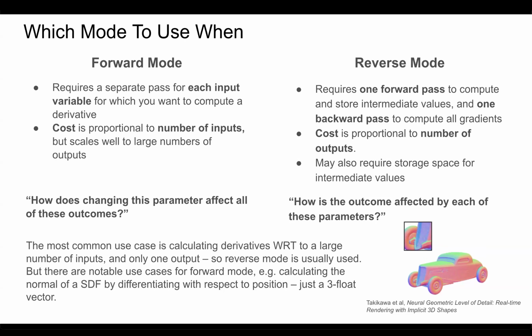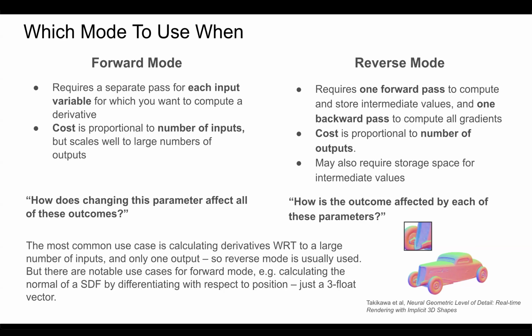Reverse mode, on the other hand, does a single forward pass to record all of the intermediate values, so it knows what those derivatives are in the middle, and then a backward pass to compute all of the gradients at once. So the cost there is independent of the number of inputs, but scales both with the number of outputs and the complexity of the function.